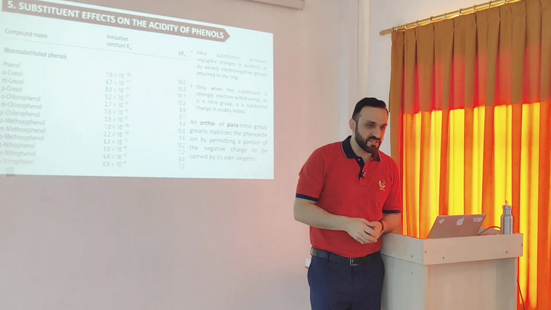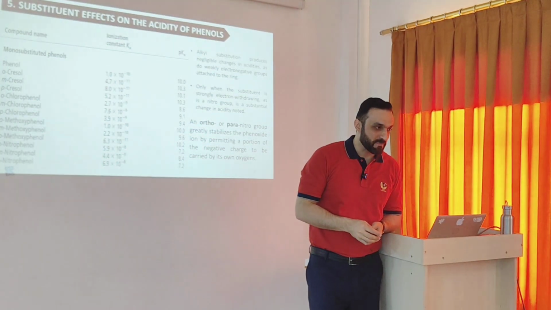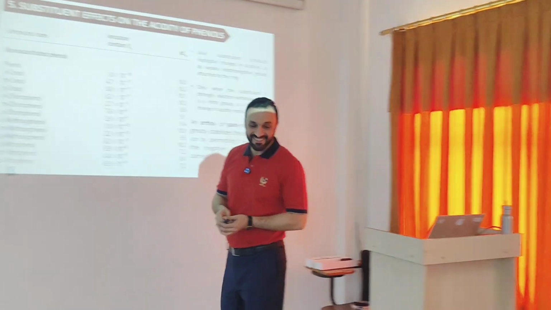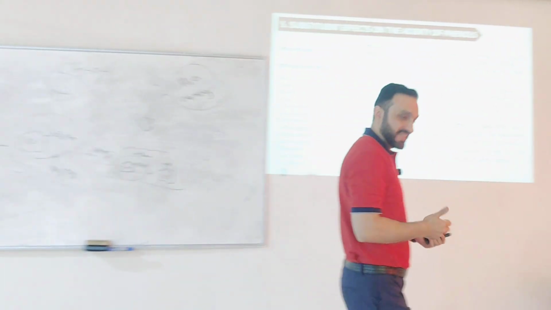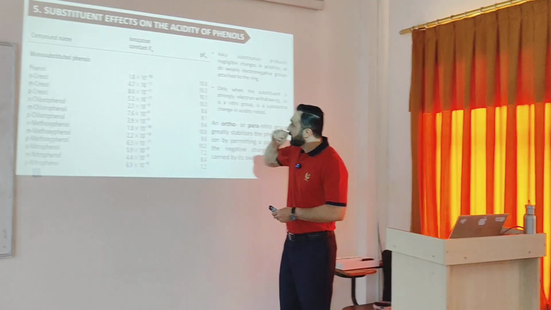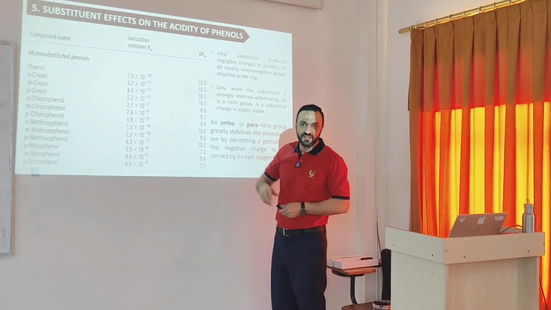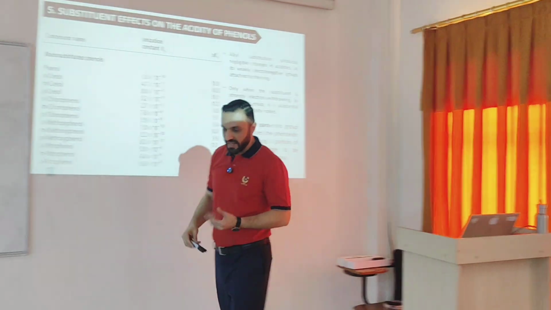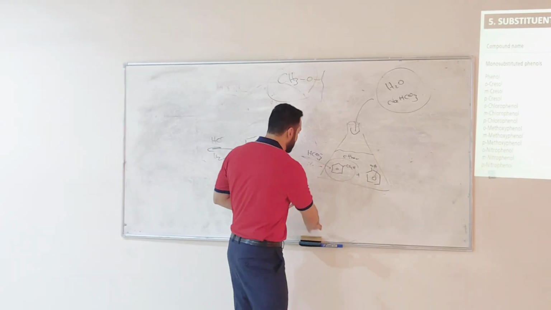Why? Is CH3 donating or withdrawing? Donating, by inductive effect, not resonance. Then, donating, look, the number is more than 10, so it will be a weaker acid than phenol itself.